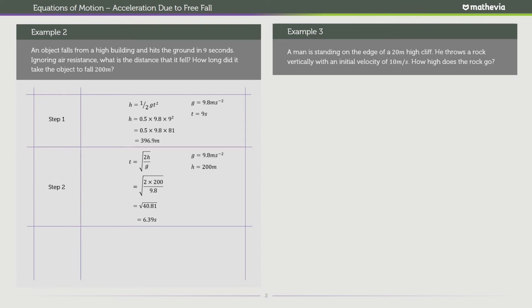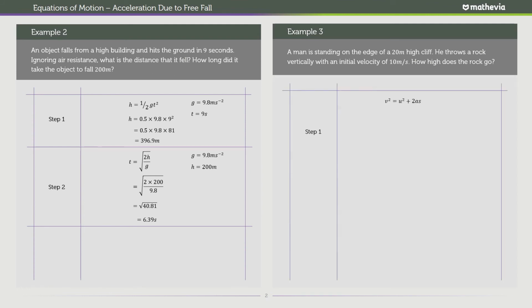A body falling down starts from zero meters per second, and then attains a final velocity just before hitting the ground. A body going up goes up with an initial velocity, which would be that final velocity, and it goes up till it reaches the final velocity of 0 before it starts coming back down. So it's pretty much the same thing, but as opposed to accelerating, we have deceleration in this case.